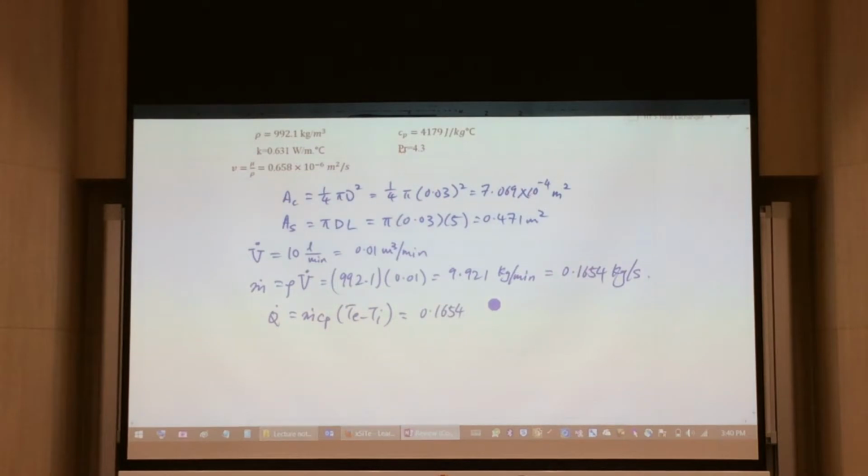Specific heat capacity, that one would be 4,179 multiplied by 65 minus 15. That one would get you 34.6 kilowatts.